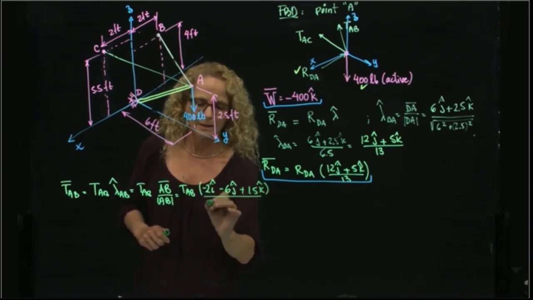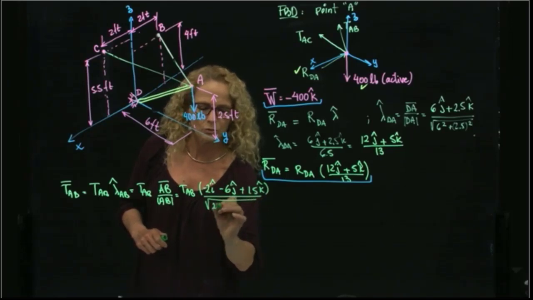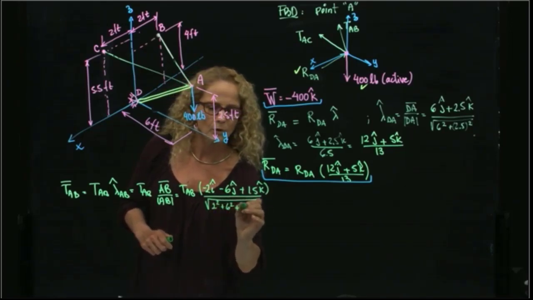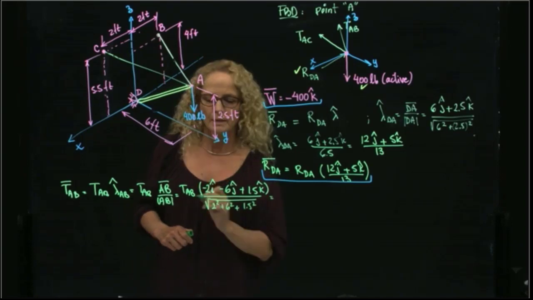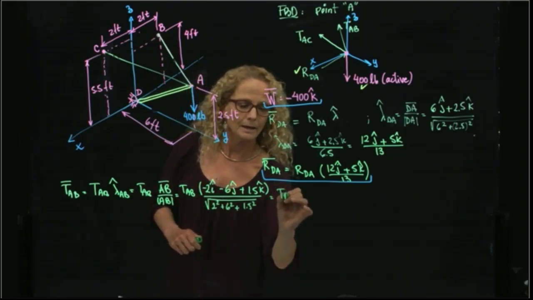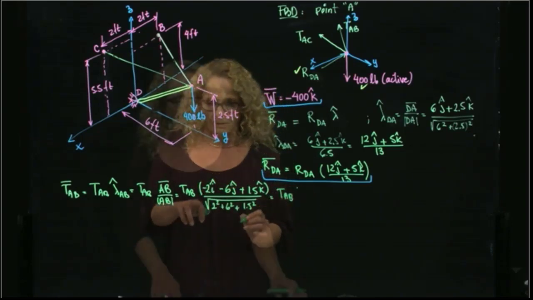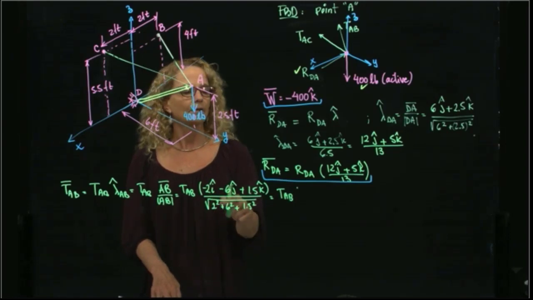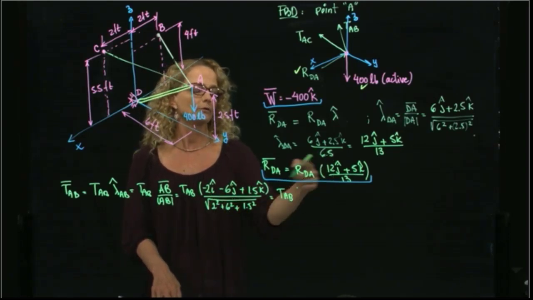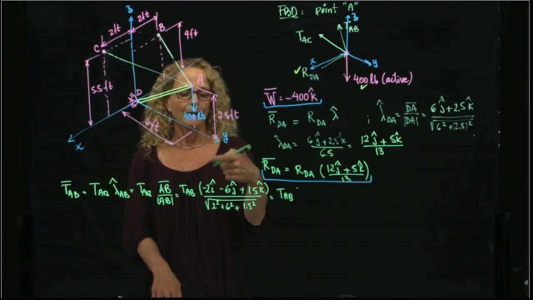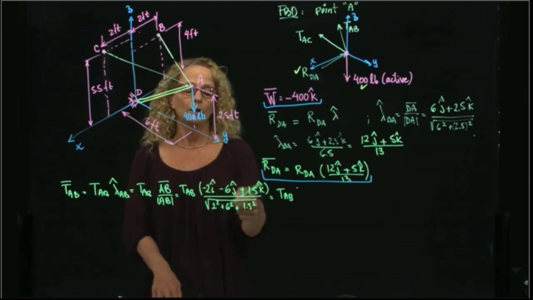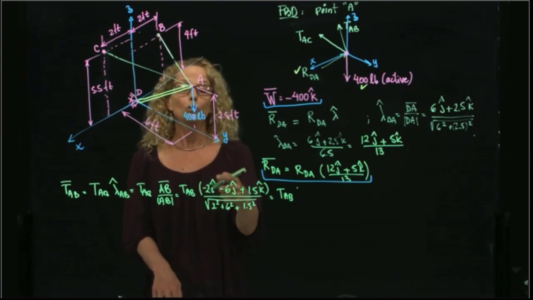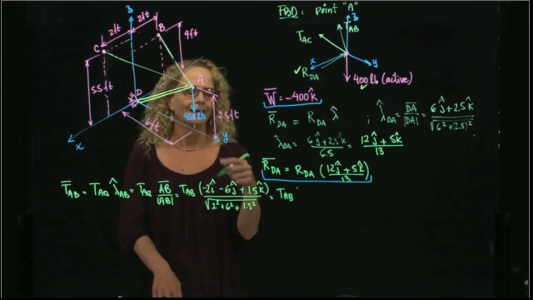That gives me 1.5 in that positive direction, over the magnitude of that vector, which is the square root of 2 squared plus 6 squared plus 1.5 squared. That gives me again 6.5. So I will multiply the vector in the numerator and in the denominator by 2 so that I don't get any decimals.